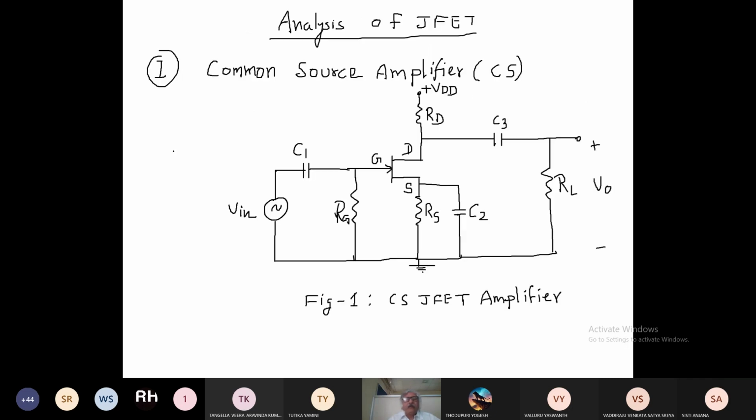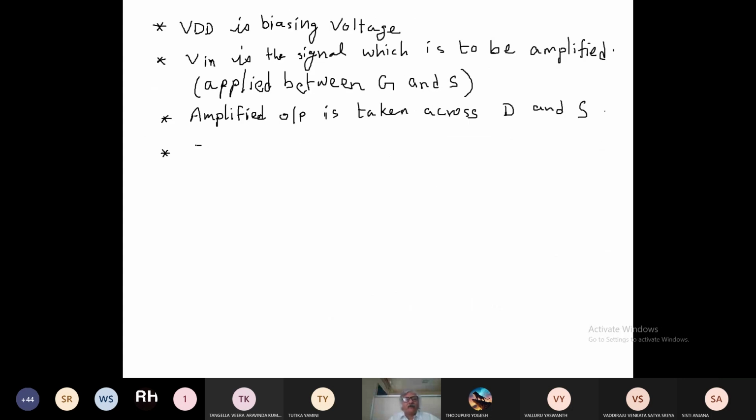Now here C1 and C3 are the coupling capacitors.